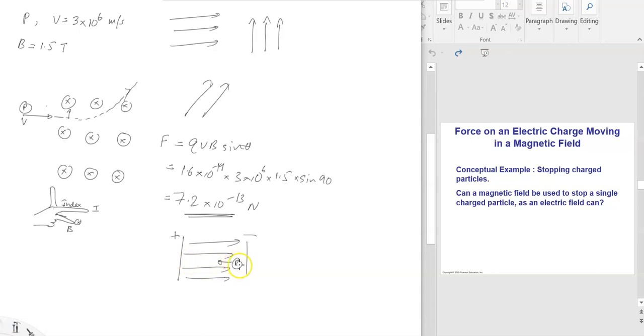So if you shoot it in the opposite direction and the field is strong enough, it will slow down, come to a full stop, and eventually turn around. Can we do the same thing with magnetic fields? Something to think about.